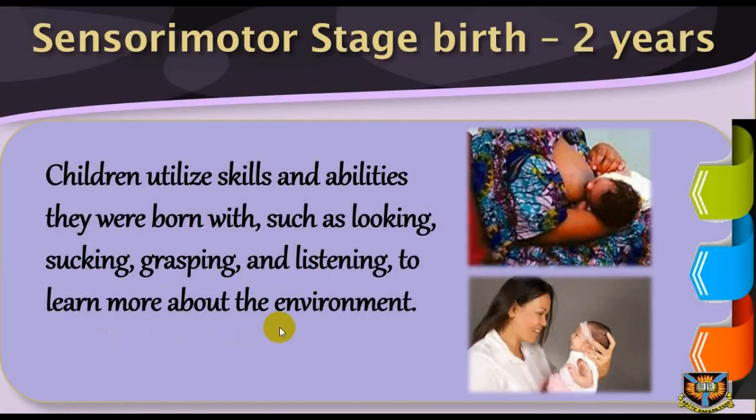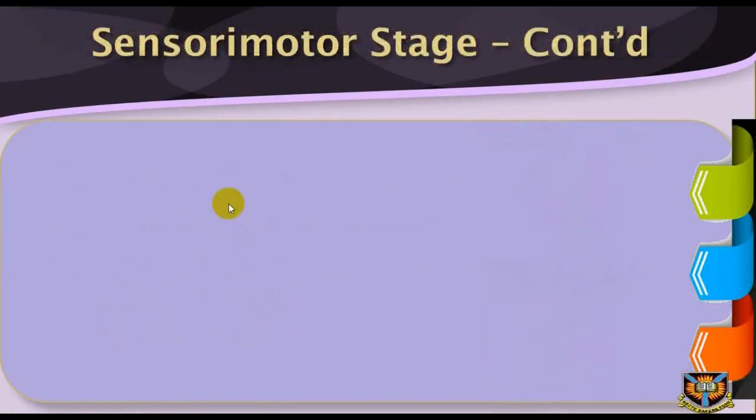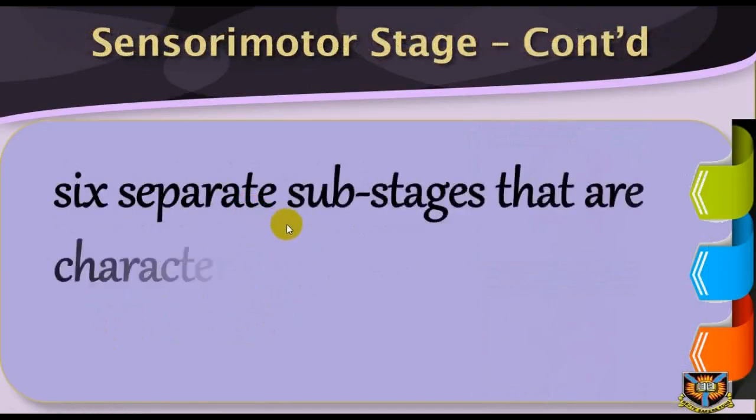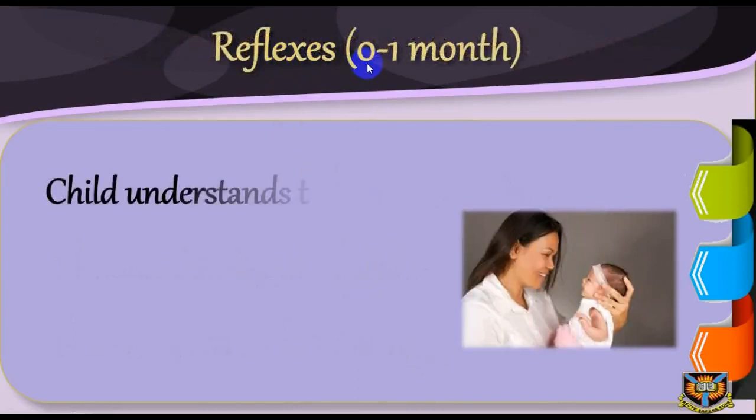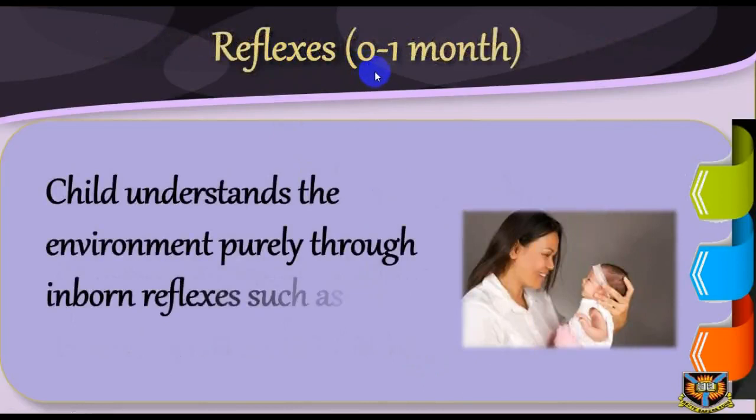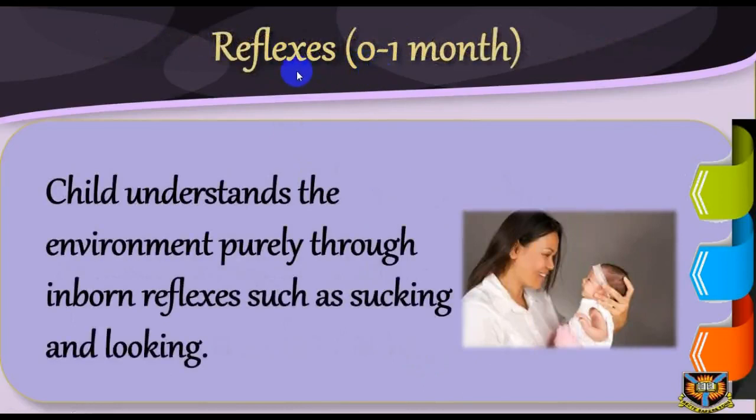Substages of the sensorimotor stage. The sensorimotor stage can be divided into 6 separate substages that are characterized by the development of a new skill. These stages are reflexes, primary circular reactions, secondary circular reactions, coordination of reactions, tertiary circular reactions, and early representational thoughts.